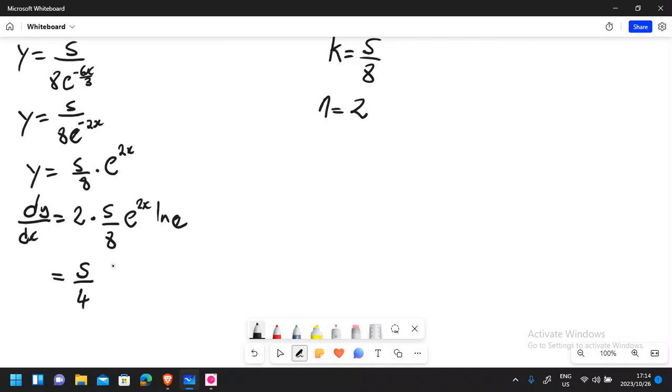And then our answer there is going to be e to the power of 2x. Now you can leave it like this, the answer is still fine, but some of you might decide to continue. This is fine, guys, you don't really have to continue. This is our final answer. Yes, this is our final answer, guys.